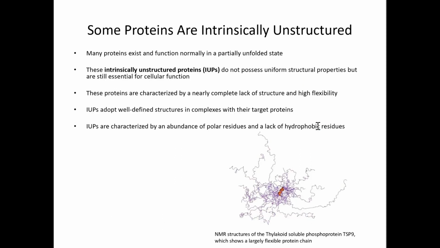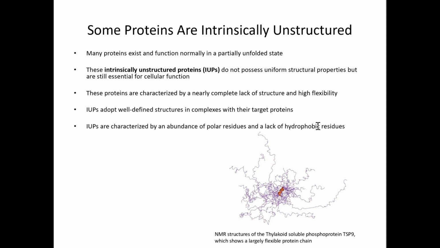So this is talking about inherently or intrinsically unstructured or disordered proteins. So IUPs have no well-defined tertiary structure. They're almost always highly soluble. They're nearly always full of polar residues and lacking in any repeating hydrophobic residues which will lead to any kind of collapsed structure.